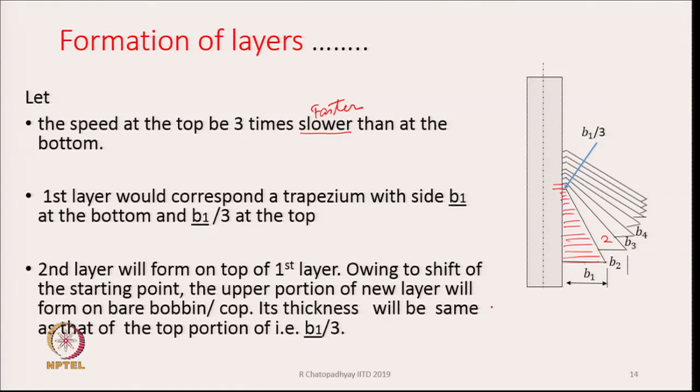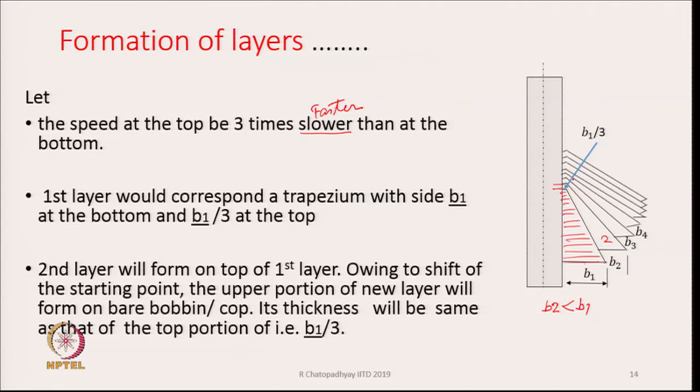Therefore, for the second layer, if the thickness at the bottom is B2, B2 will be less than B1, but at the top it is going to be of the same thickness, B1 by 3, because the top part of layer 2 has been laid on the bare bobbin.